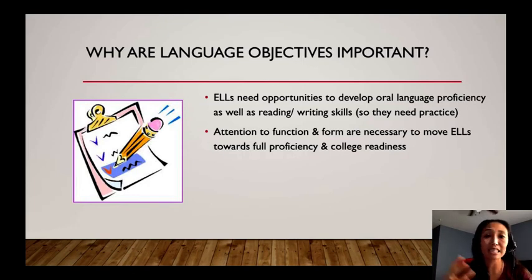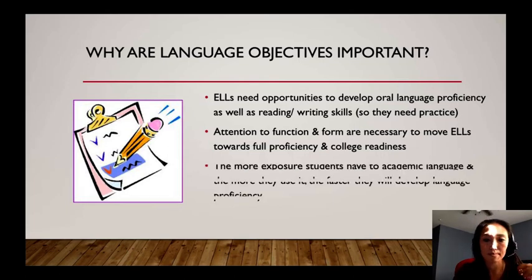And that can actually act as a gatekeeper for many English language learners. And so we want to make sure that it's not just that we understand, but that we can actually support clarity and correctness. And the more exposure that students have to academic language and the more they use it, the faster they'll develop that language proficiency.